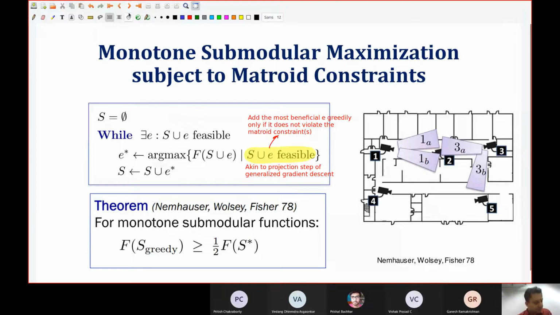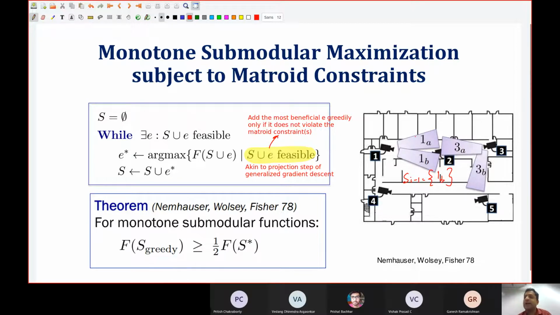Any questions? Okay, so you'll basically look at this element. Right? So let's assume that your S i minus 1 already had 1B.